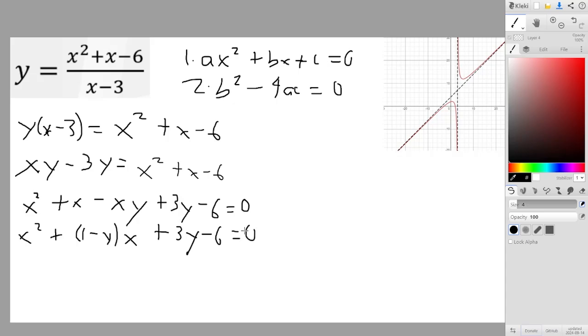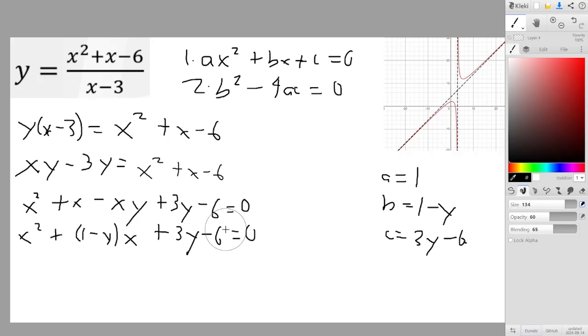So now we already have the values for a, b, and c. Our a over here is 1 because x squared has a coefficient of 1. For b, it will be this one, 1 minus y. And then for c, it's this part, or this expression. So now we have the values for a, b, and c.